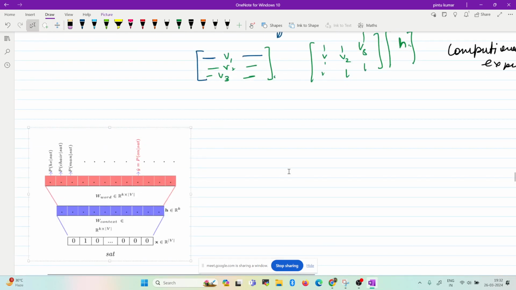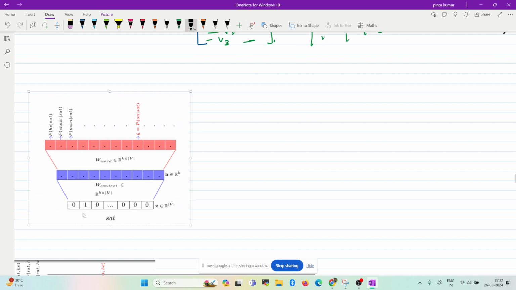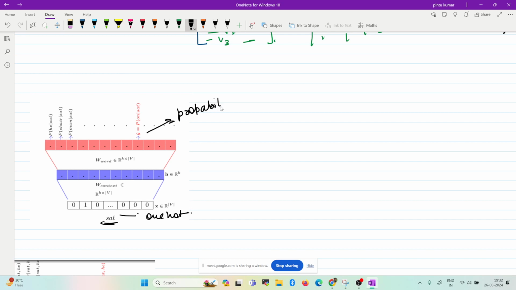So you're going to input a one hot representation, and you want to predict the next word. You input a word and you predict the next word. So how should your last layer look? It should look like probabilities, right?